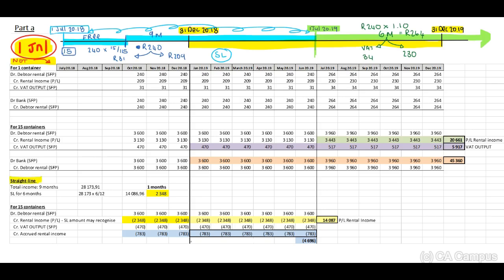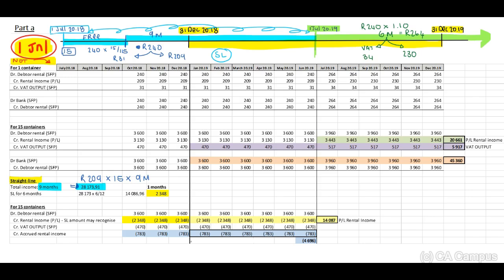Therefore, the total income for the 9 months, which is the blue section on our timeline, the total income for the 9 months period will be an amount of 28174. Remember, this is for 9 months, therefore it's the 209 times 15 times 9 months.